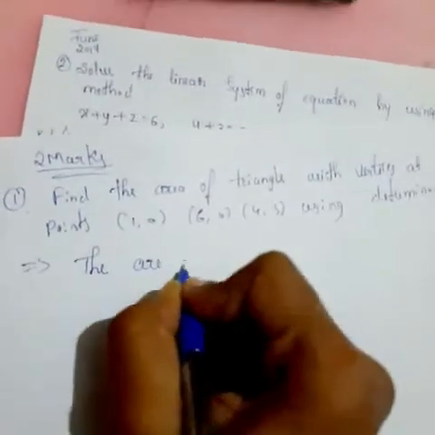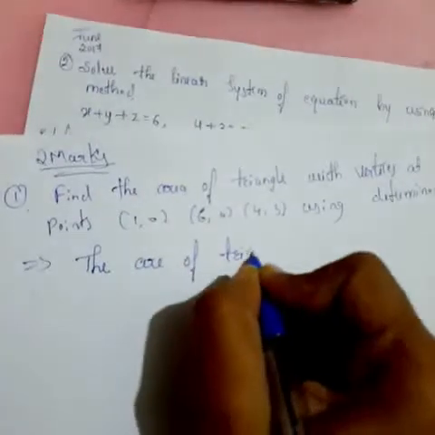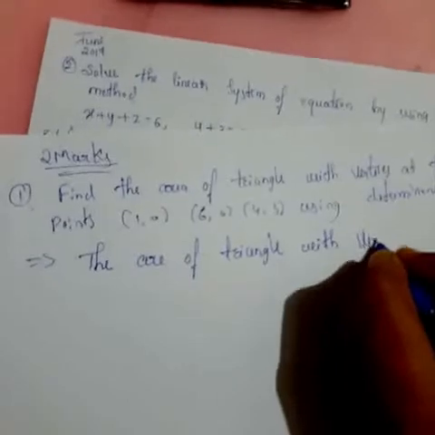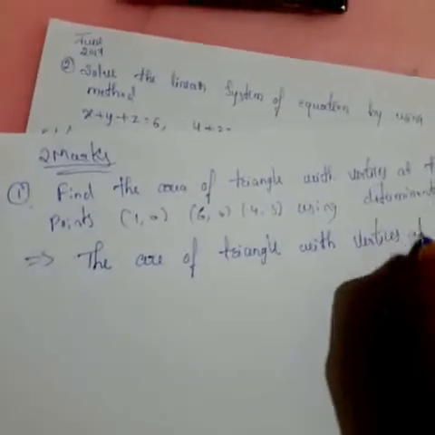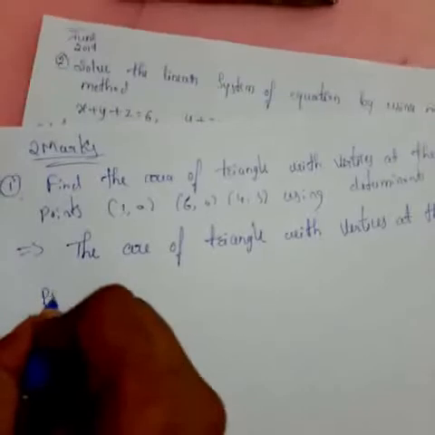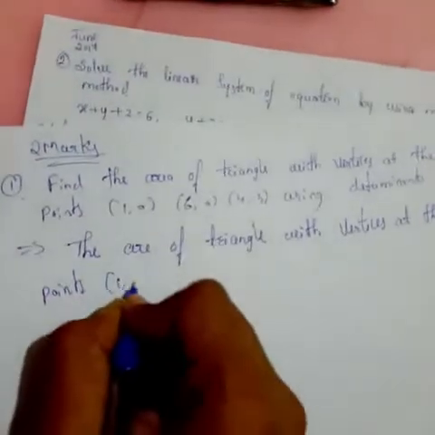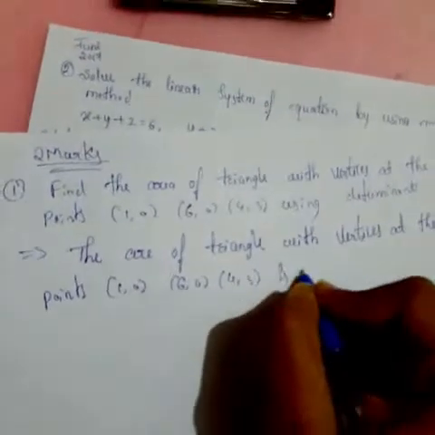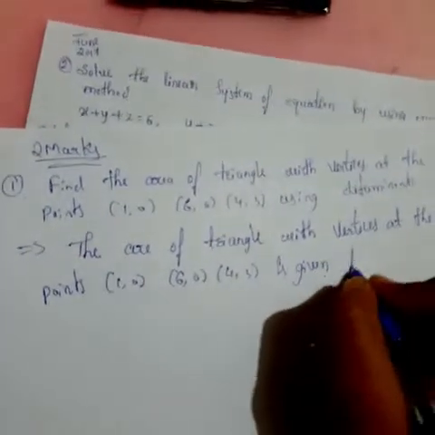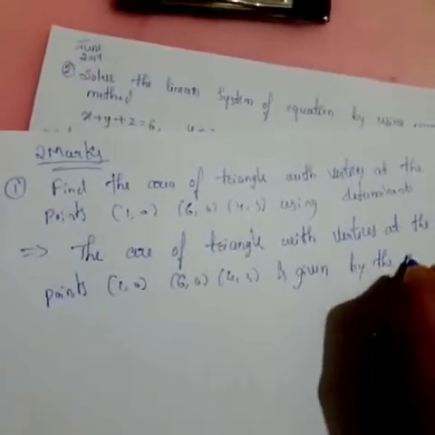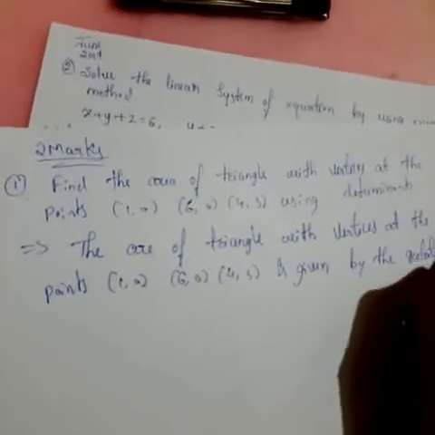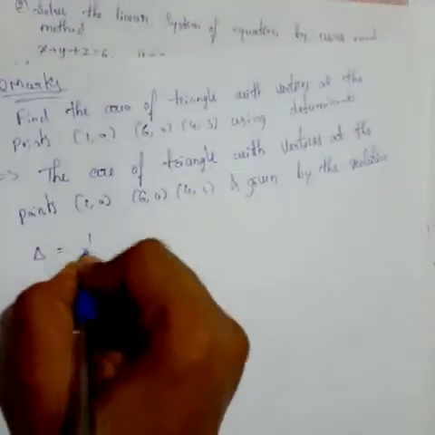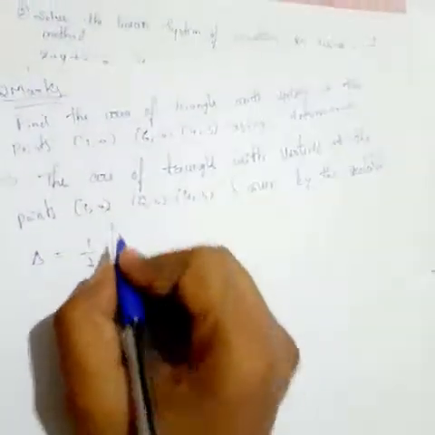The area of a triangle with vertices at the points (1, 0), (6, 0), (4, 3) is given by the relation: delta is equal to, yes, remember this formula.